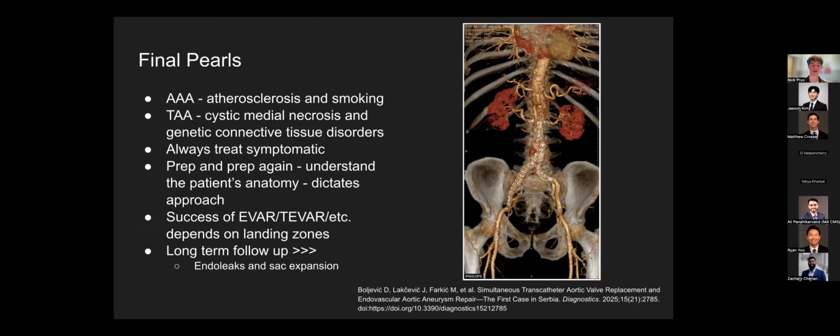Success of EVAR, TEVAR, all of these endovascular approaches depends on the landing zone. So it's important that you're imaging and you know the patency of these vessels and where the graft can safely land. And then long-term follow-up, this is key. Endoleaks and sac expansion can occur, so it's important to keep track of your patients.